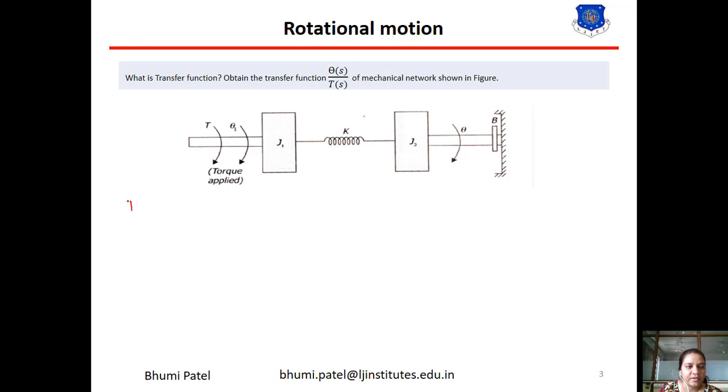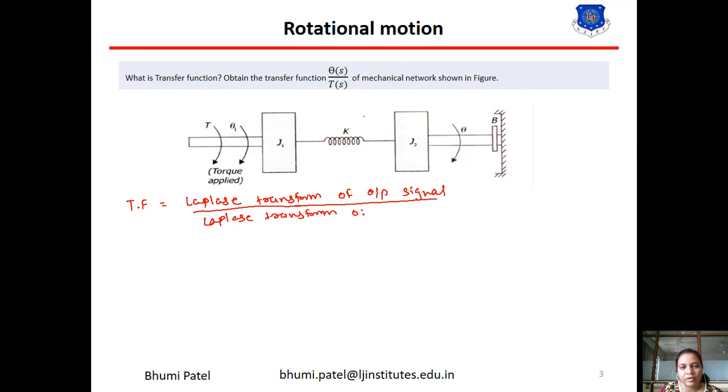The transfer function is the ratio of the Laplace transform of the output signal to the Laplace transform of the input signal.